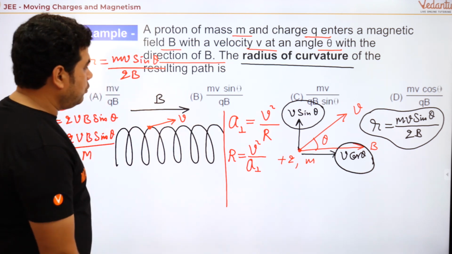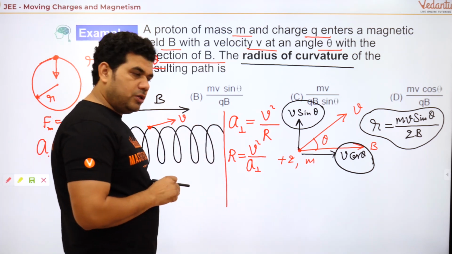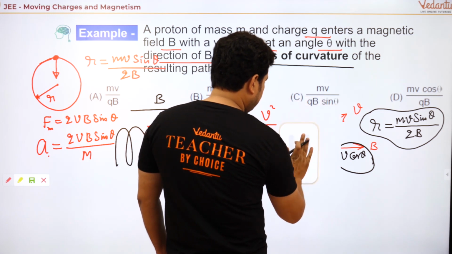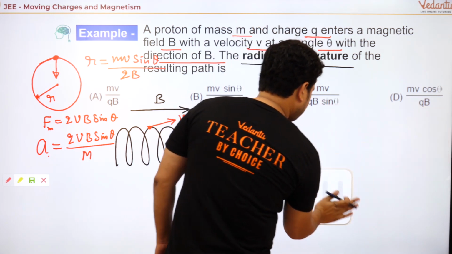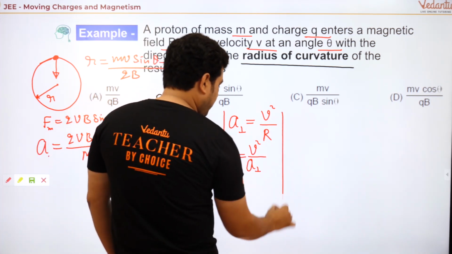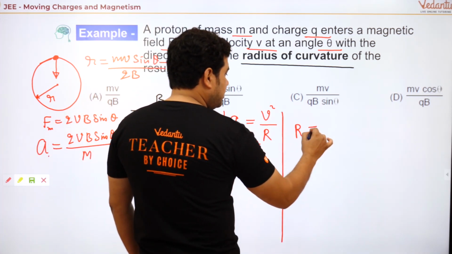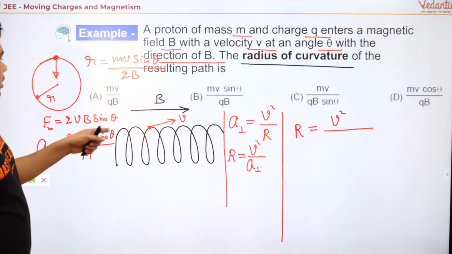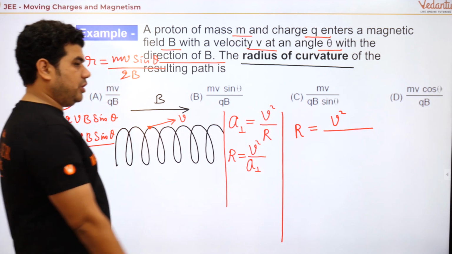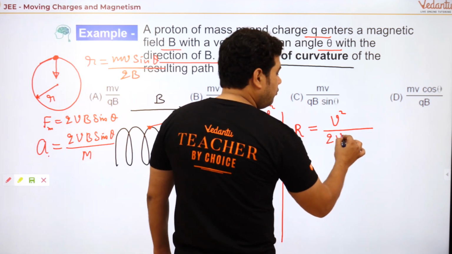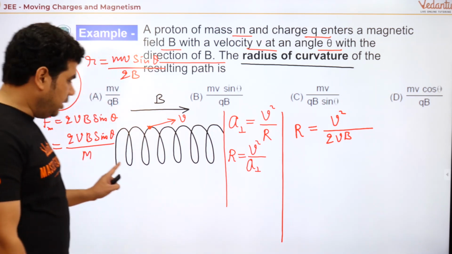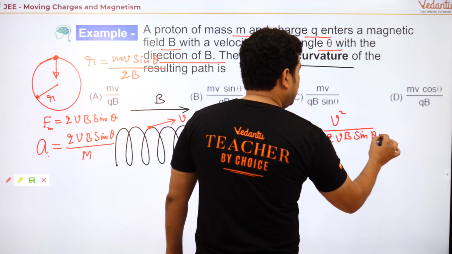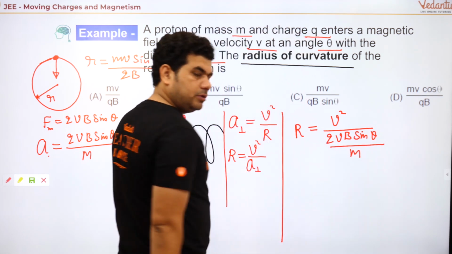And now we have to find radius of curvature. So how can we find radius of curvature? See here. For this radius of curvature, R is equal to v square over the acceleration that is perpendicular to that velocity, and that acceleration is qvB sin theta divided by m, right?